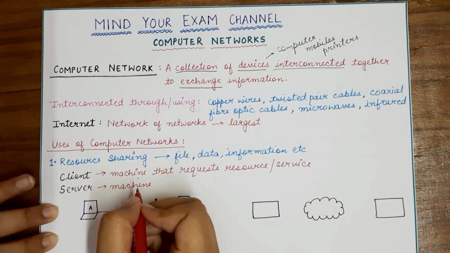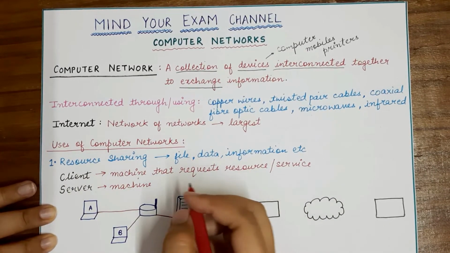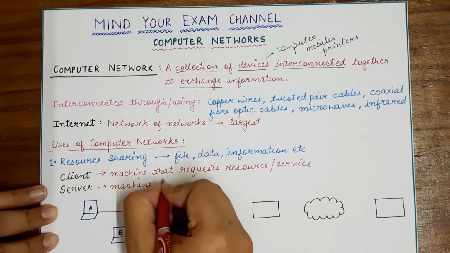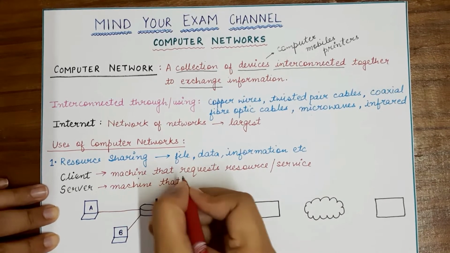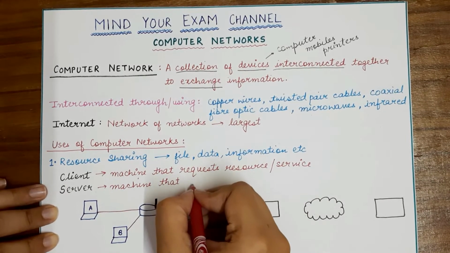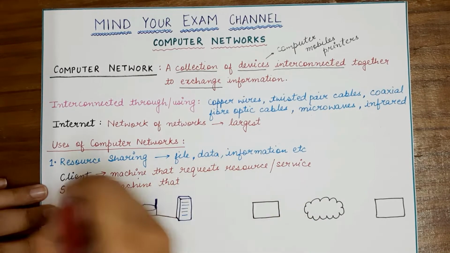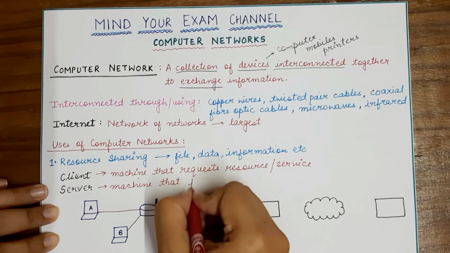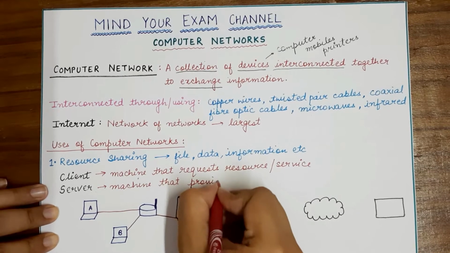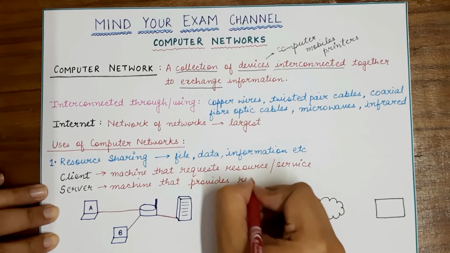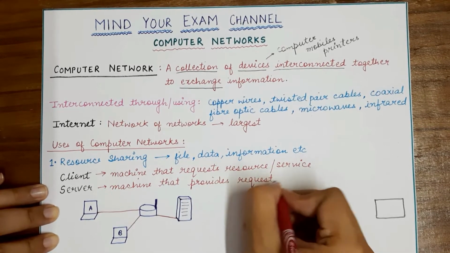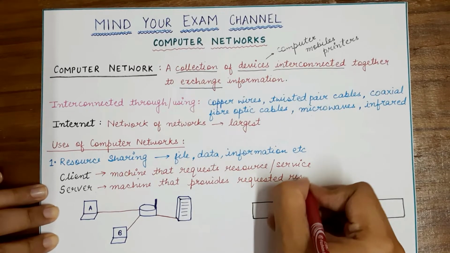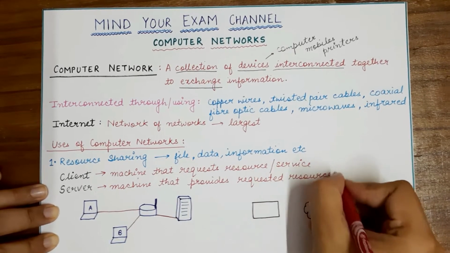The client-server architecture is the term we use when devices are communicating in the form of clients and servers. The server is the machine that provides the requested resource or service.